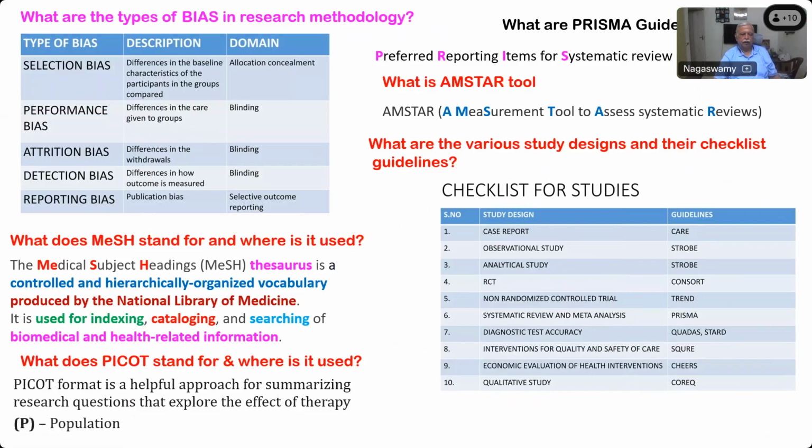P stands for population, I for intervention, C for comparison, O for outcome, and T for time. These are the initial things you have to keep in mind when you take a research subject: which population you are going to research, what intervention you are going to do, how you are going to compare the effects on the groups, what the outcome will be, and what time duration you want to do that for.